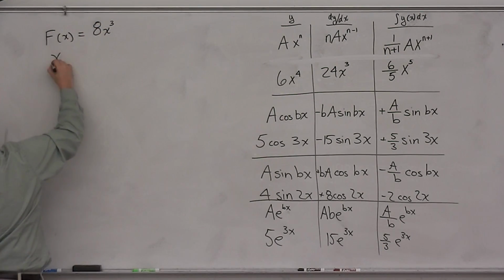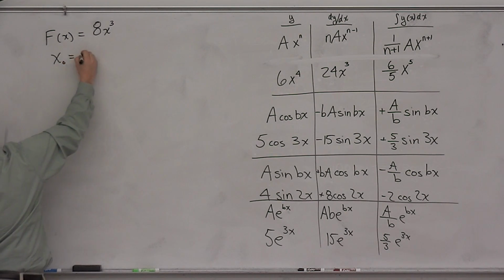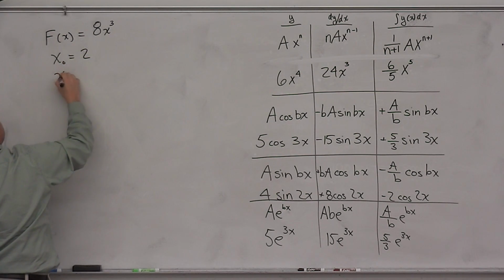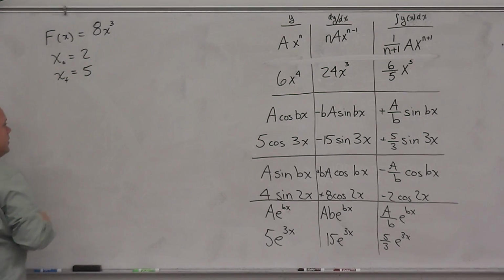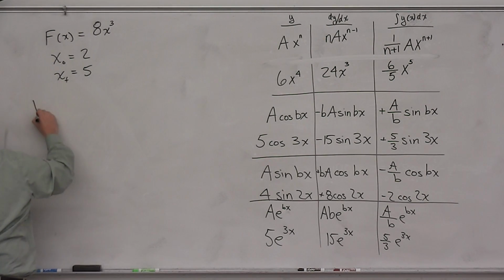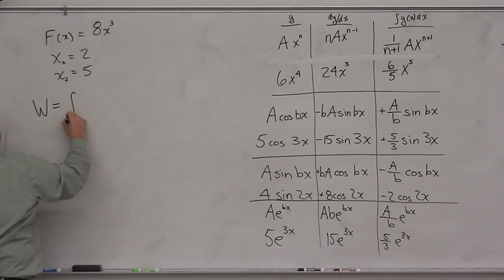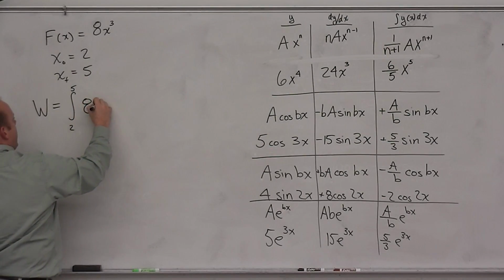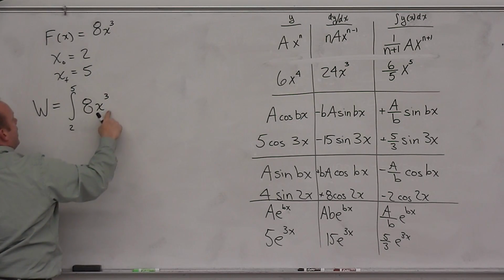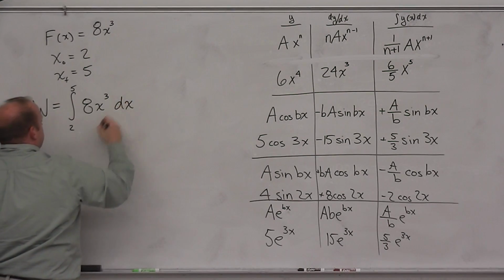And this is going to occur from my initial position of 2 to my final position of 5. So the work that occurs between here and here equals the integral from x equals 2 to x equals 5 of 8x cubed, and we have a dx over here.